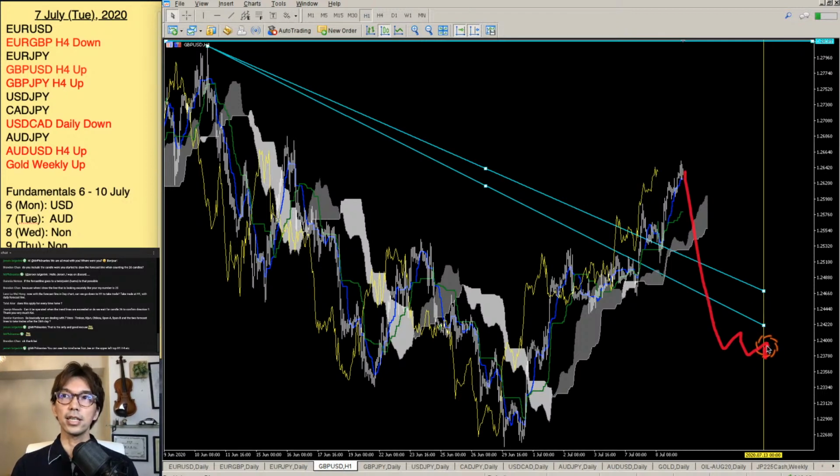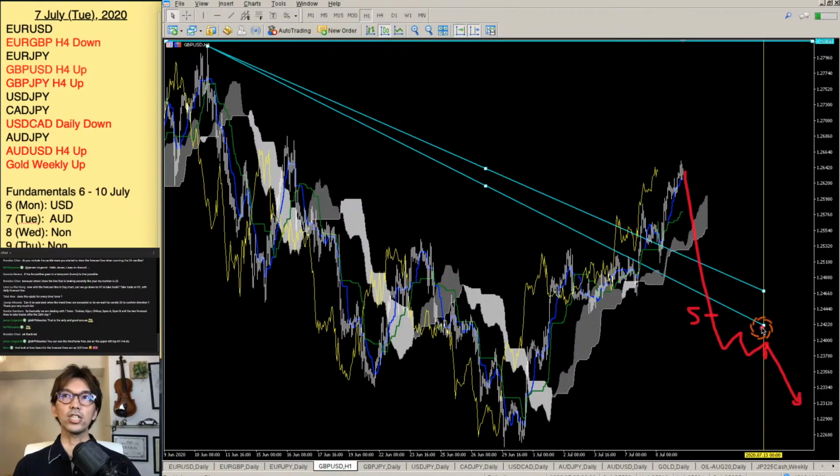So in that case, I expect the price will continue to go downwards. So it's always nice to look for the sell chance below these forecast lines in the short term, and we expect the price to be going downwards afterwards. So yeah, that's one thing that I will be looking for.